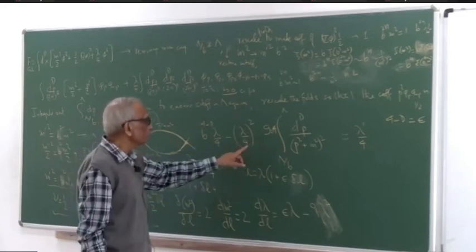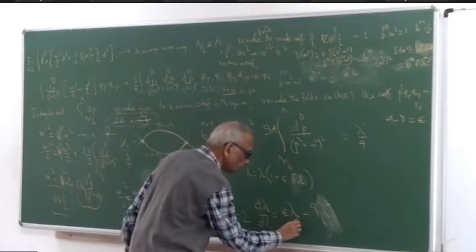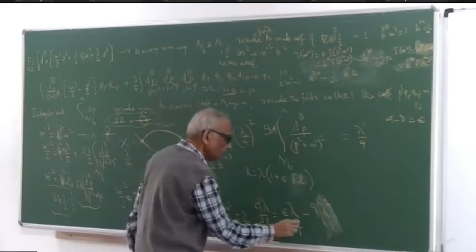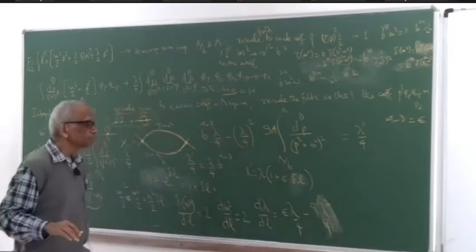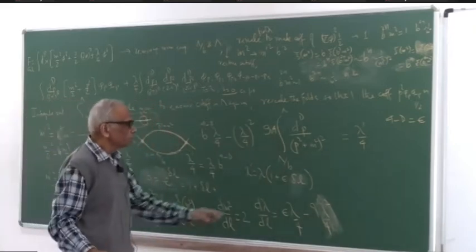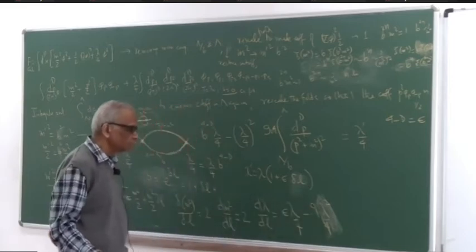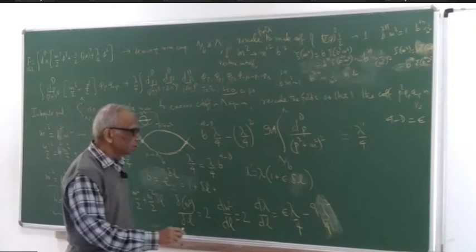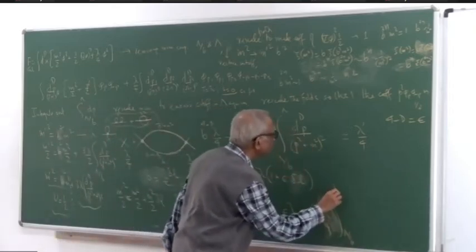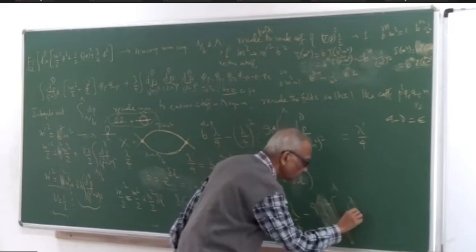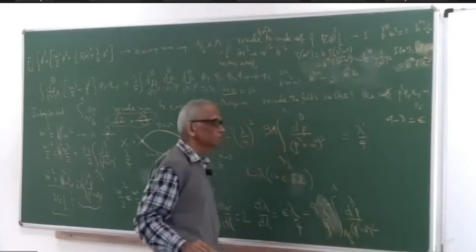So the 1/4 cancels this, and I should have had a lambda over 4 over here, because that's the coupling constant. There is 36 over here, there is 16 over here, so it is 9/4. And then there is this integral from lambda by b to lambda of d^d p over p square plus m square whole square.